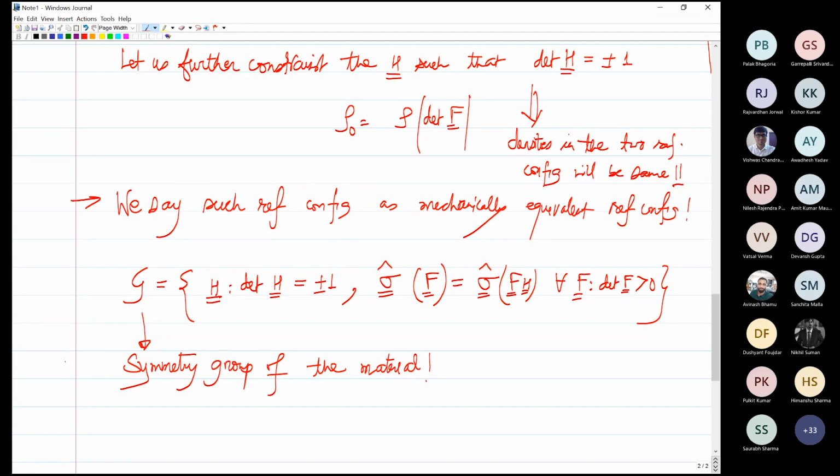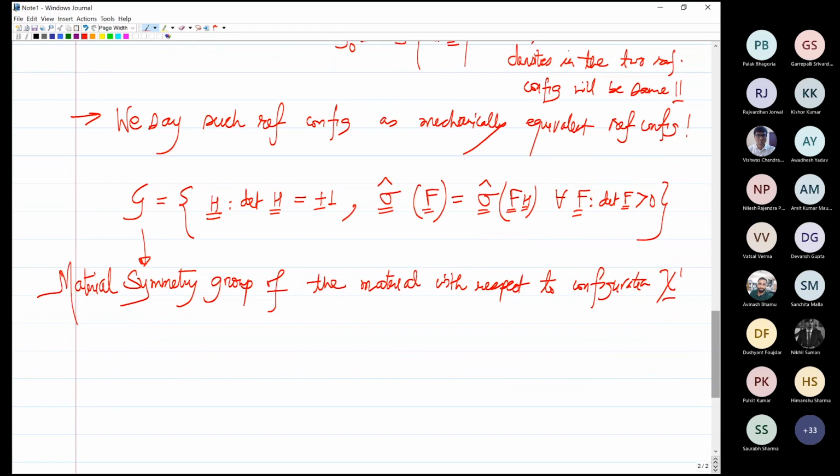Okay, and I should say more specifically it is called the material symmetry group of the material, with respect to configuration chi 1.